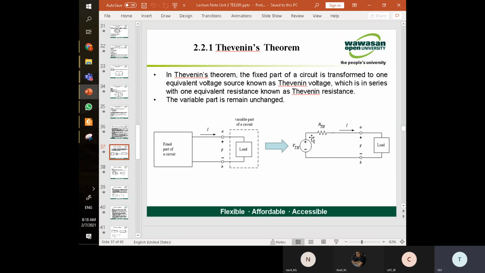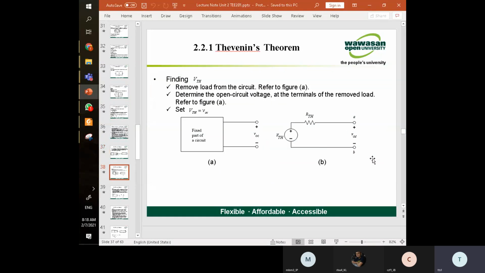Current is V divided by R. After we successfully reduce this complex fixed circuit to a really simple 2-component circuit, we can use it to analyze our load for different loads.